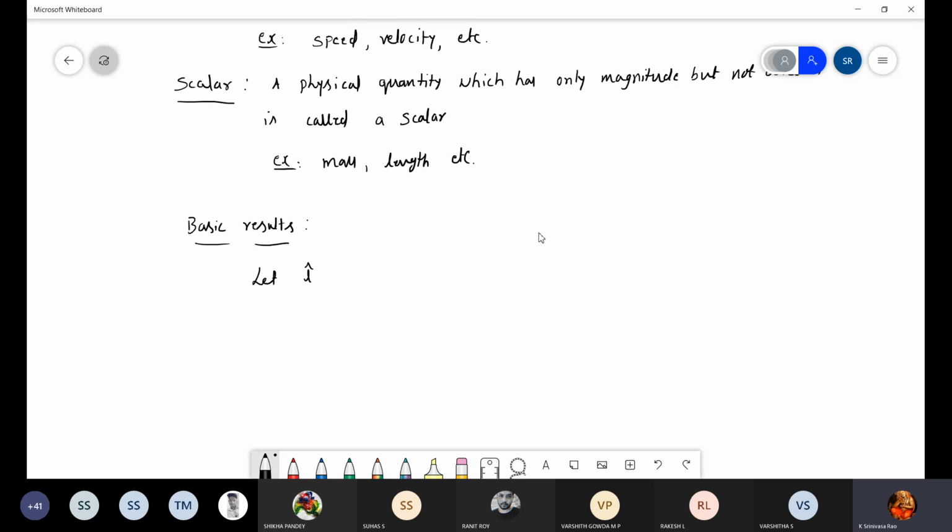Let i cap, j cap, and k cap be the unit vectors along x-axis, y-axis, and z-axis respectively.